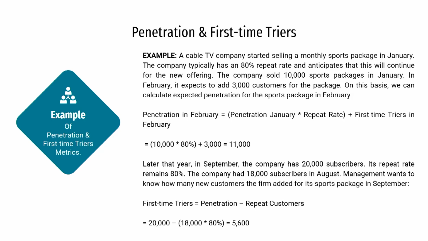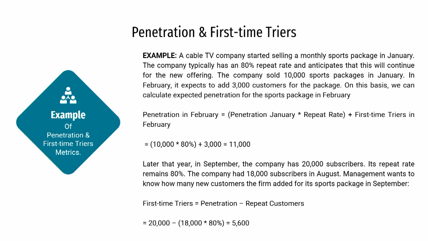So, first time triers will be total penetration minus repeat customers. So, what is my total penetration? It is given as 20,000. My repeat customers I am deriving from the 18,000 customers in the month of August, and I am assuming that I am still continuing with this 80% retention or repeat.